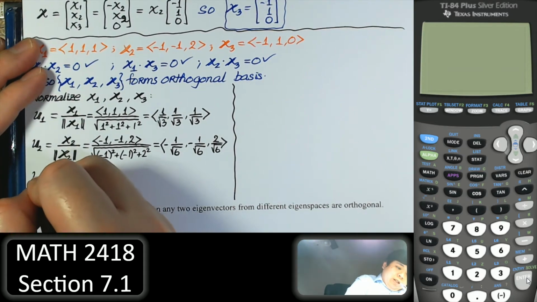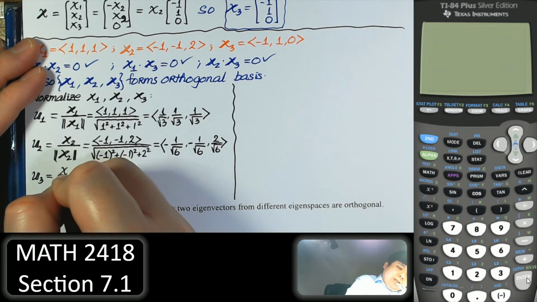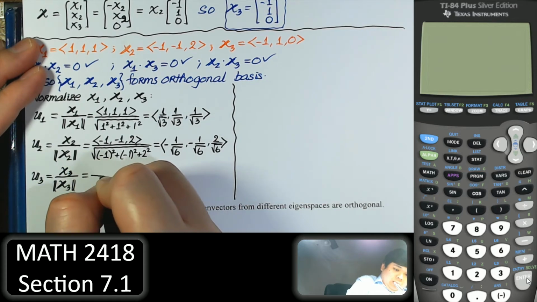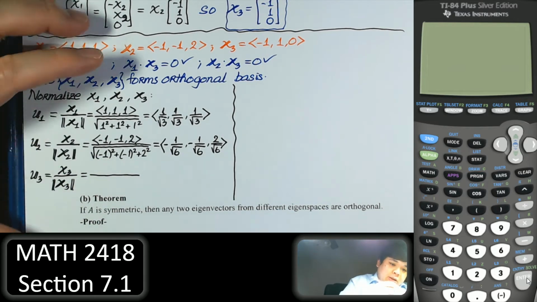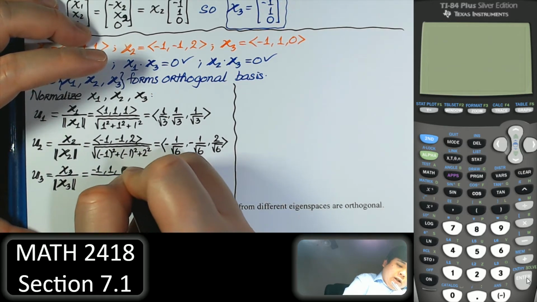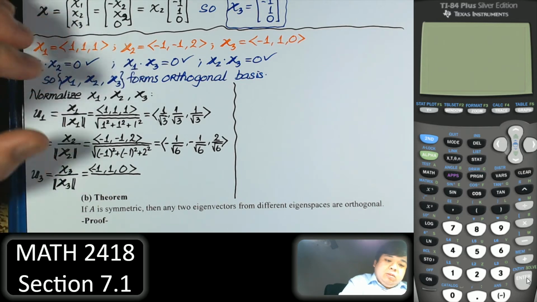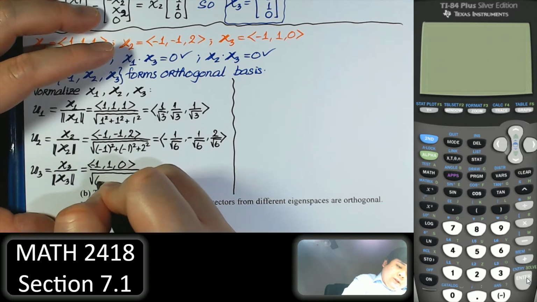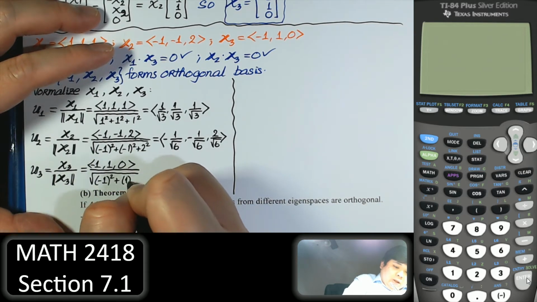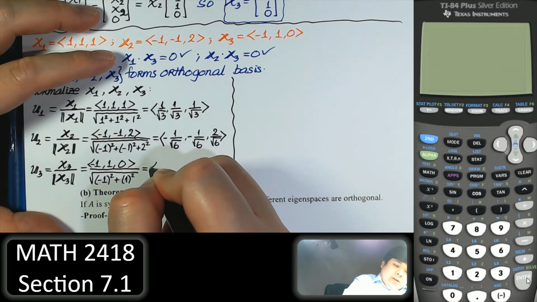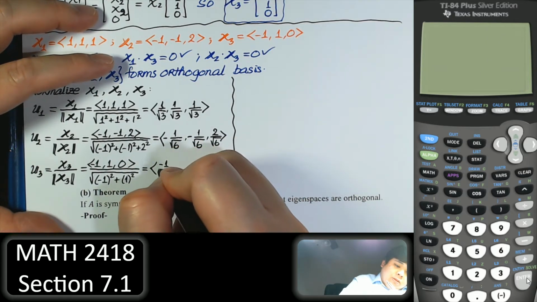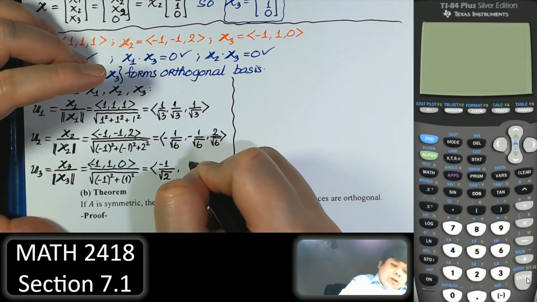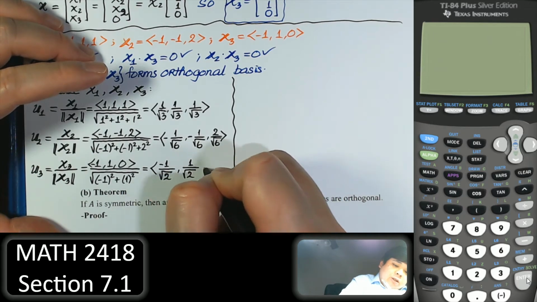And then u3, the normalization of x3. x3 is (-1, 1, 0). The norm is the square root of -1 squared, 1 squared, and then 0, so we get -1 over the square root of 2, 1 over the square root of 2, and 0.